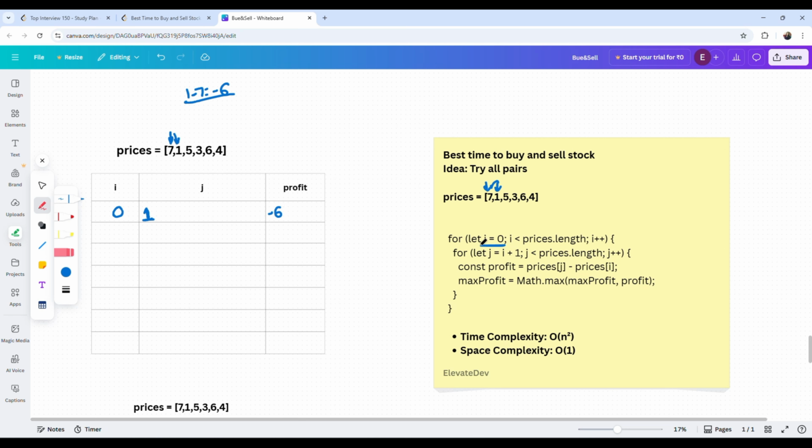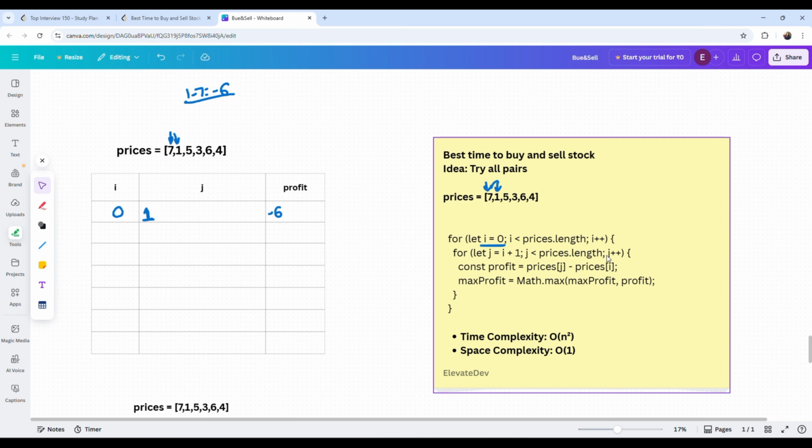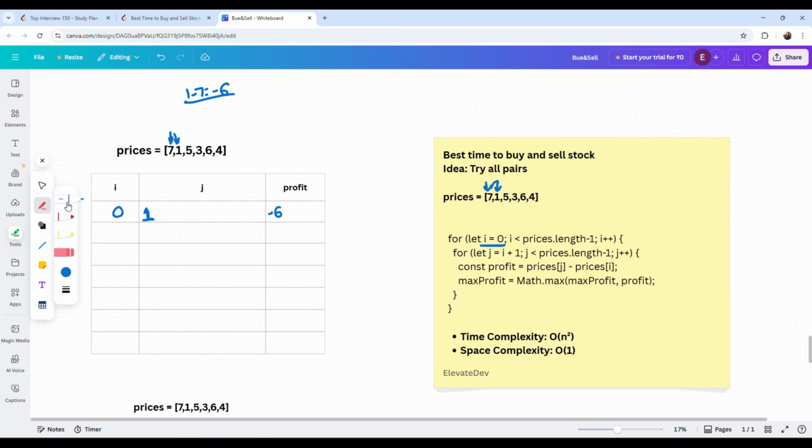So now for i equals 0, j is going to move from 0 up till price.length. Or for more clarity, so that you don't get confused, I can also write price.length minus 1. This is a classic thing we should not forget. Now my j is going to move forward and come here.